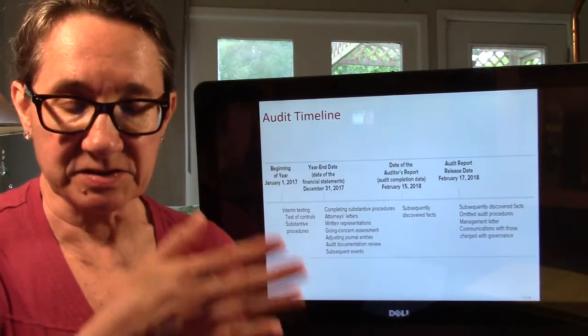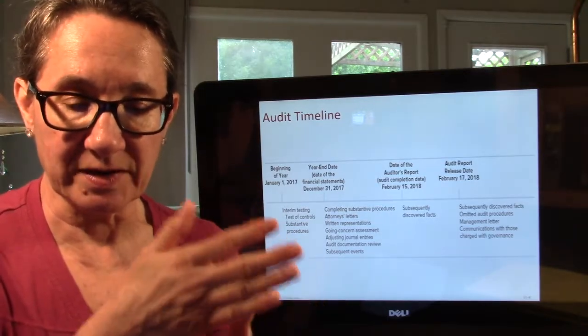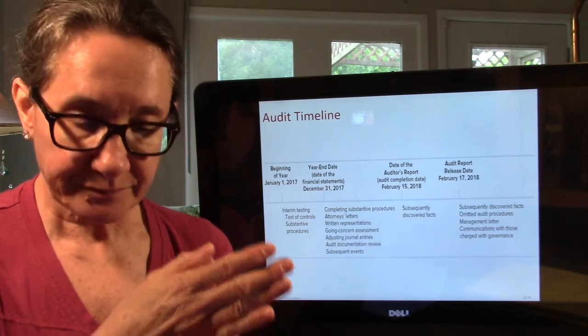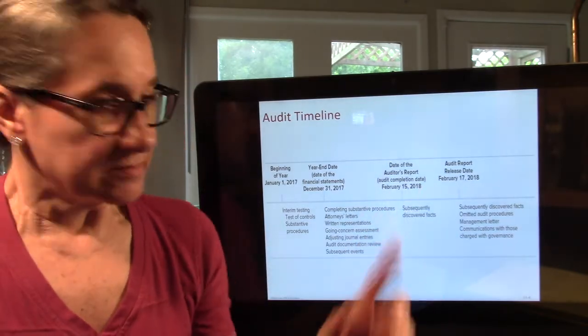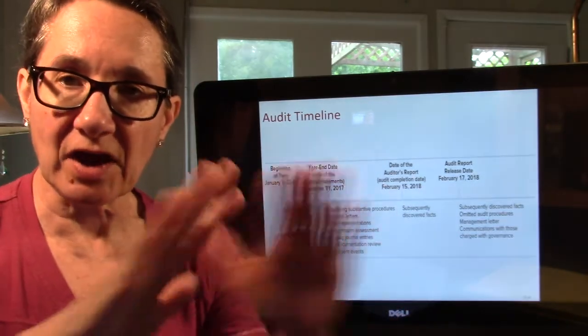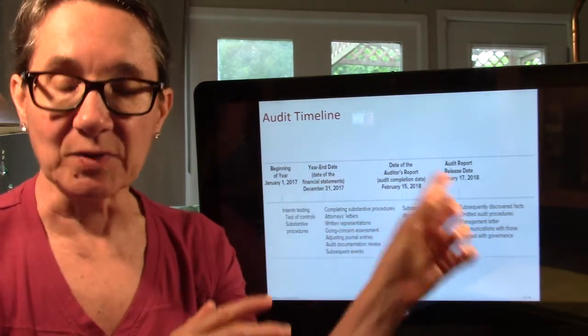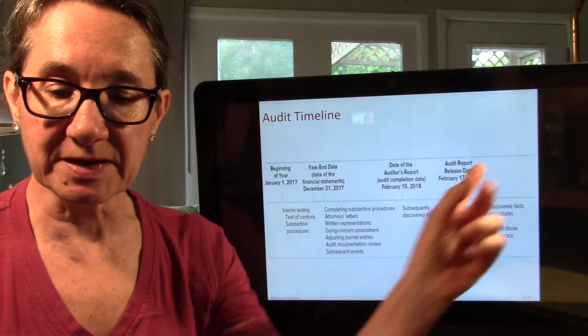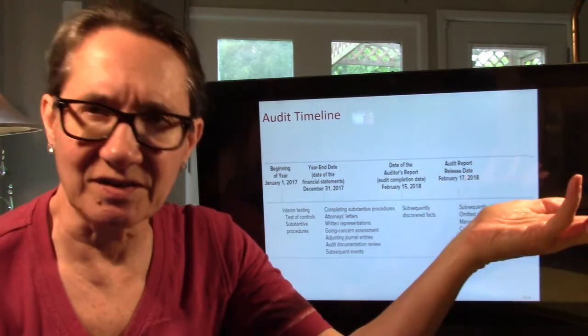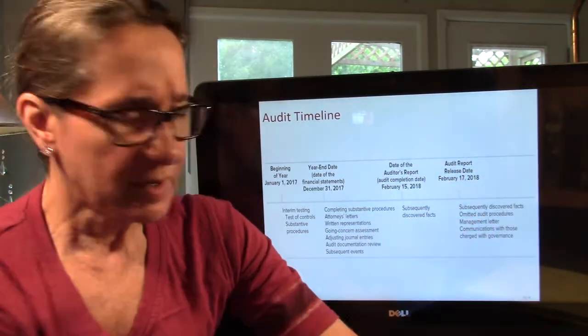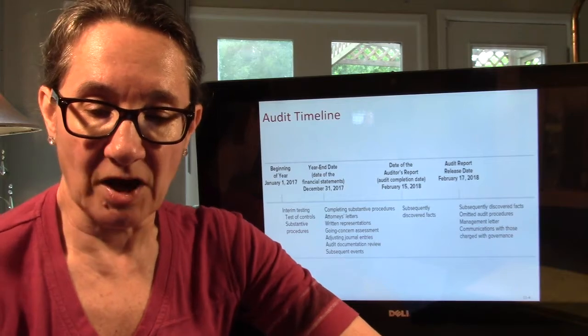That's our audit report date. We're not auditing anymore. We're going to spend the next day writing up our opinion and release it. It typically gets released with the financial statements, of course. So here's the audit report release date.